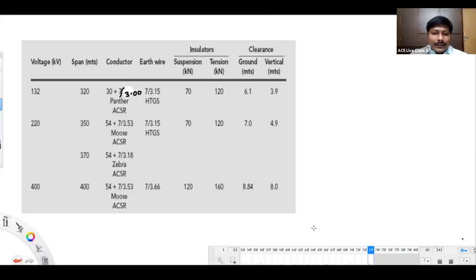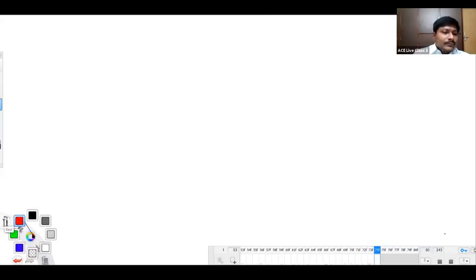So next, let me move ahead. Earthwire I have explained just now. Moose is an animal name, I said already. Moose, zebra, these are animal names. Look here. For example, we have one conductor, something like this. Just observe now.